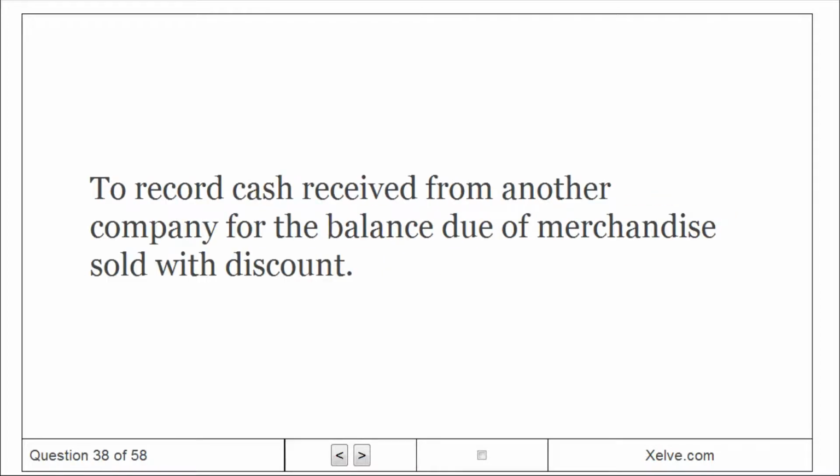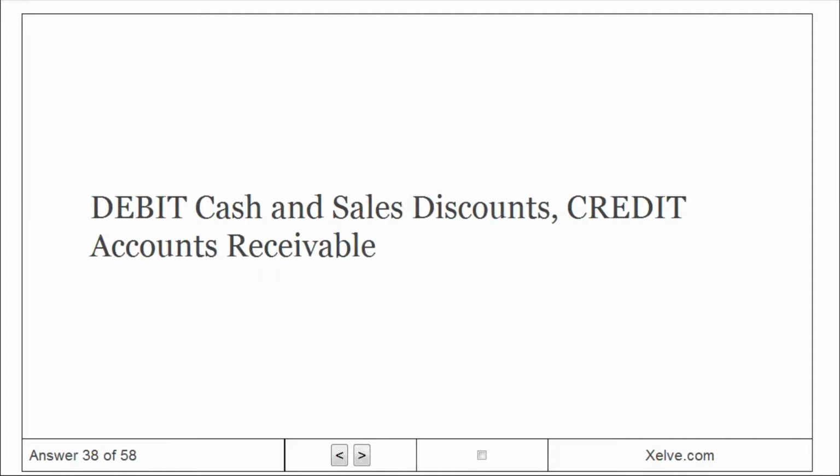To record cash received from another company for the balance due of merchandise sold with discount: debit cash and sales discounts, credit accounts receivable.